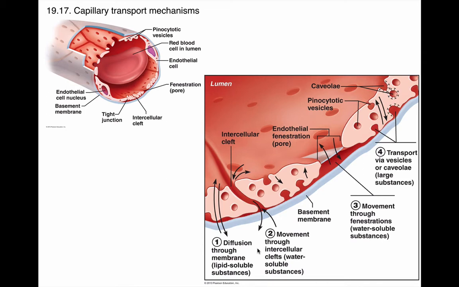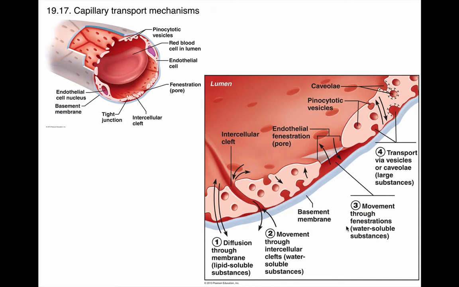In places where you do have tight junctions, it's slowed down and minimized. Another way that lots of substances get passed from one side to the other is through pinocytosis, where little bits of plasma get ingested into these vesicles and then dumped out on the interstitial fluid side.